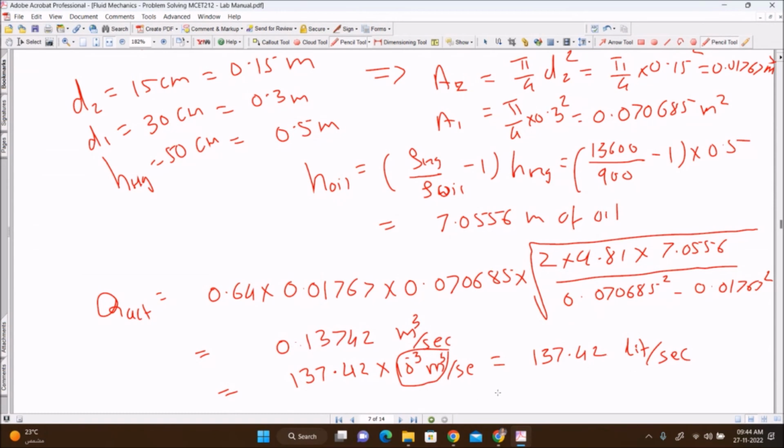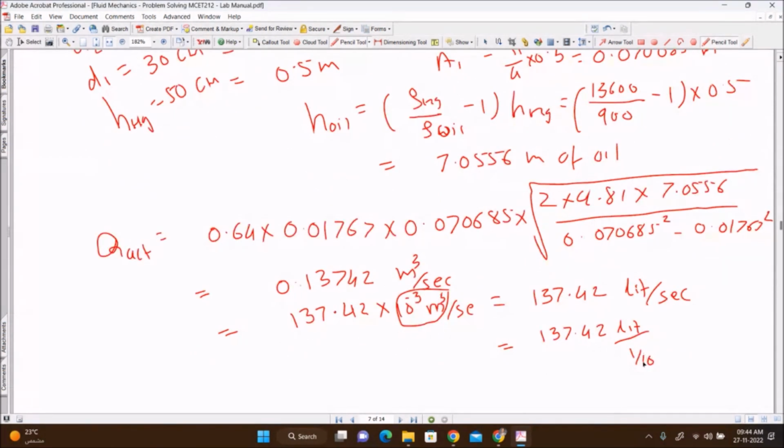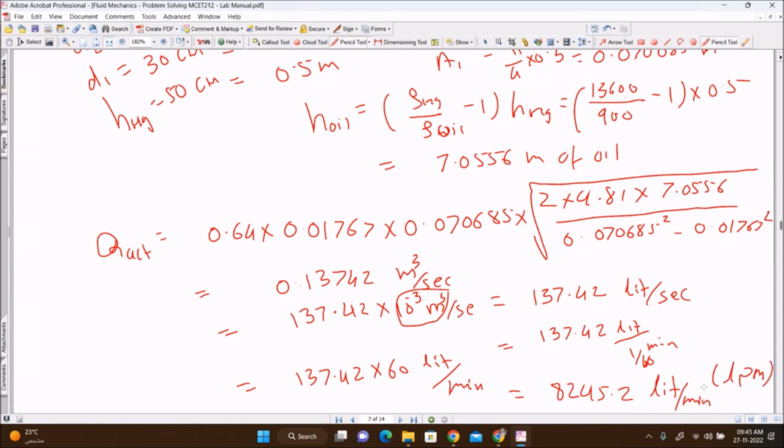If I want minute, 137.42 liter per second, multiplied by 60 for minute, means I will get 8245.2 liter per minute, means LPM, liter per minute.